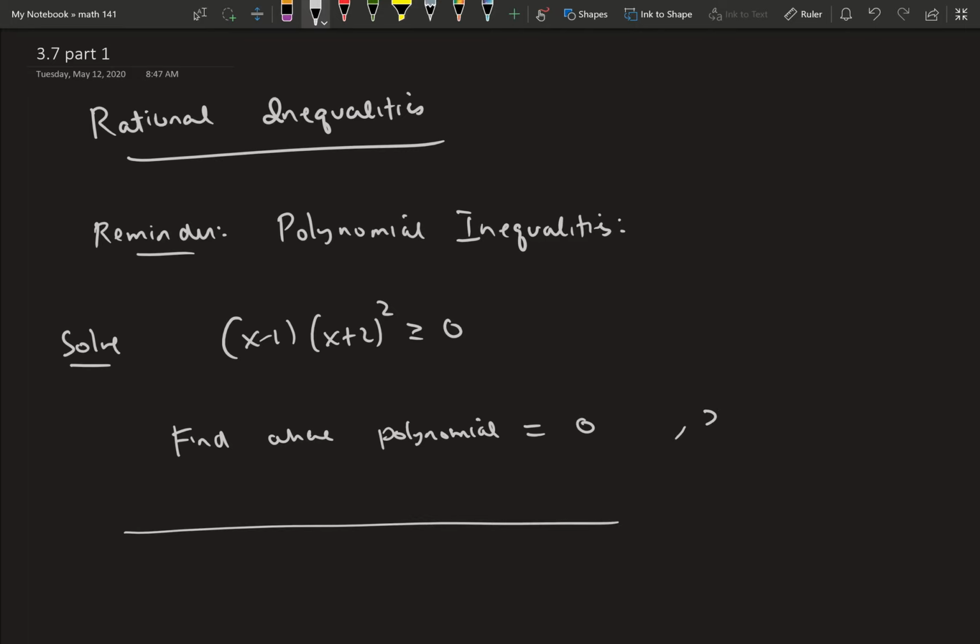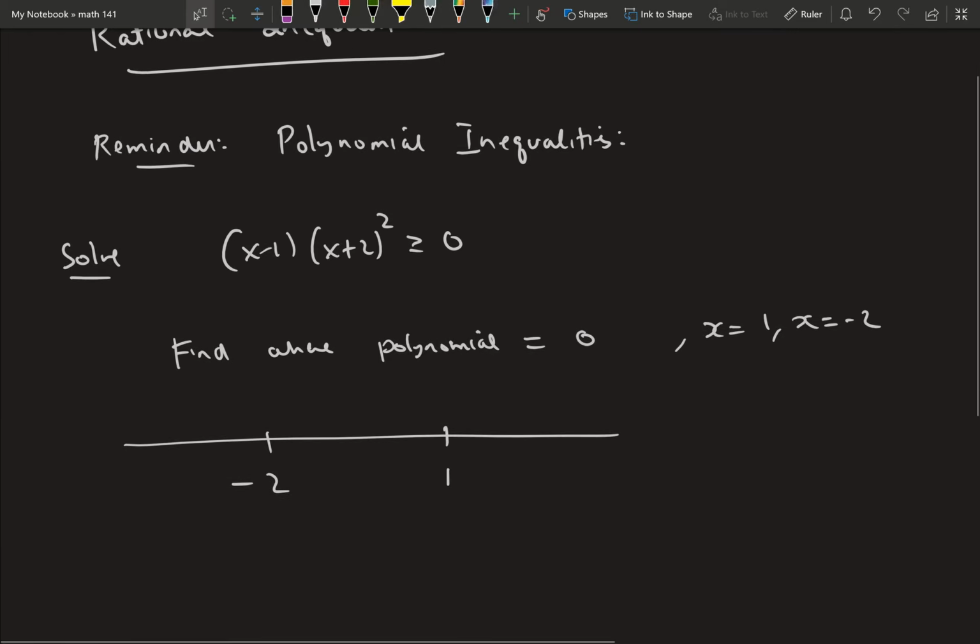So for example, here x equals 1 and x equals minus 2. Those are the values where this thing actually equals 0. And all we do now is plug in one number in each subinterval. So for example, here we could plug in -3, maybe 0 and 2.